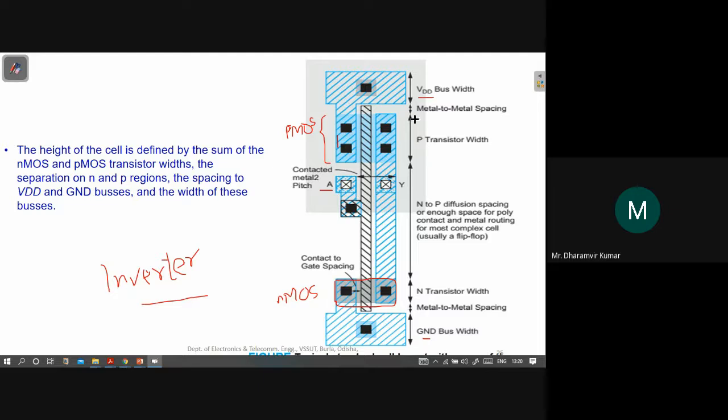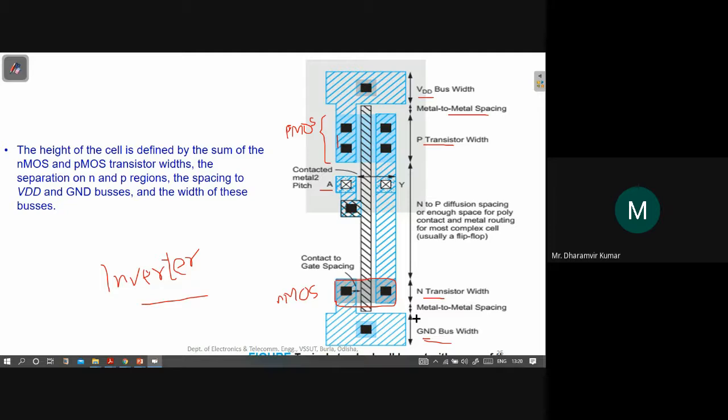This is the P transistor width. Since this is PMOS, the width of this PMOS is from here to here, and in between this PMOS and this power rail we have some metal to metal spacing. Similarly for NMOS we have the NMOS transistor width, the ground rail width or ground bus width, and the metal spacing between the NMOS transistor and the ground.